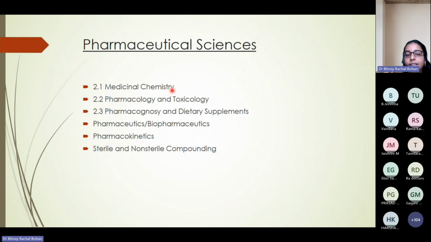We have dihydropyridines and non-dihydropyridines. Related to dihydropyridines, no need to study amlodipine, nifedipine, everything separately. It's not possible. If you know the dihydropyridine basic structure, somehow you can identify the drug from the options.